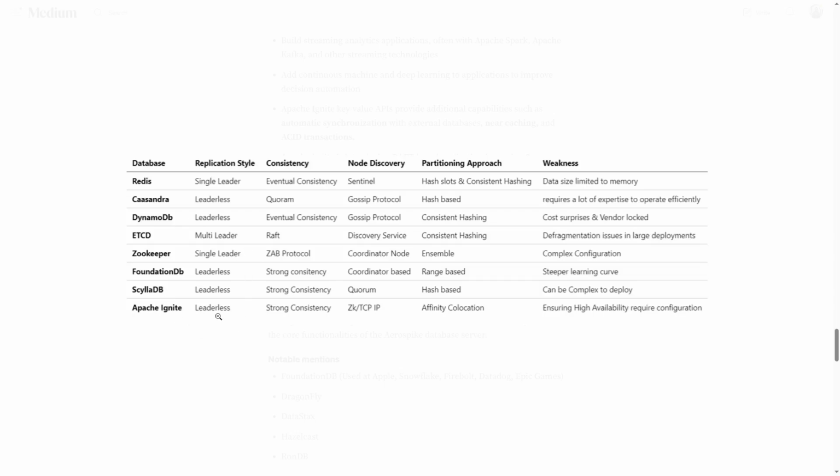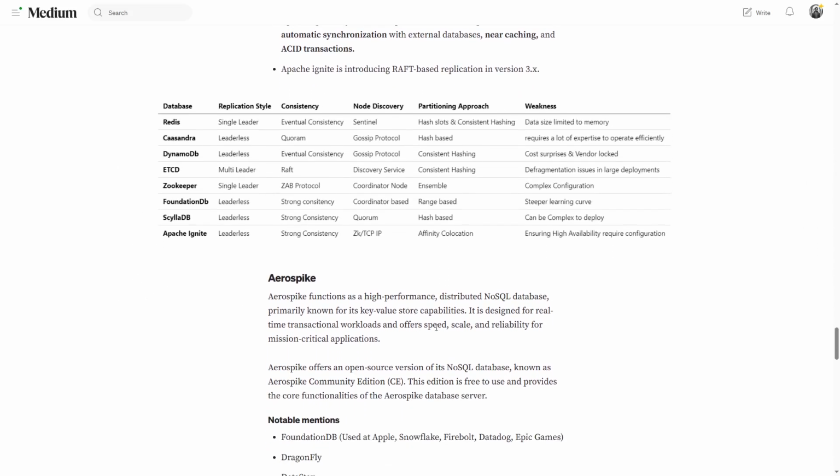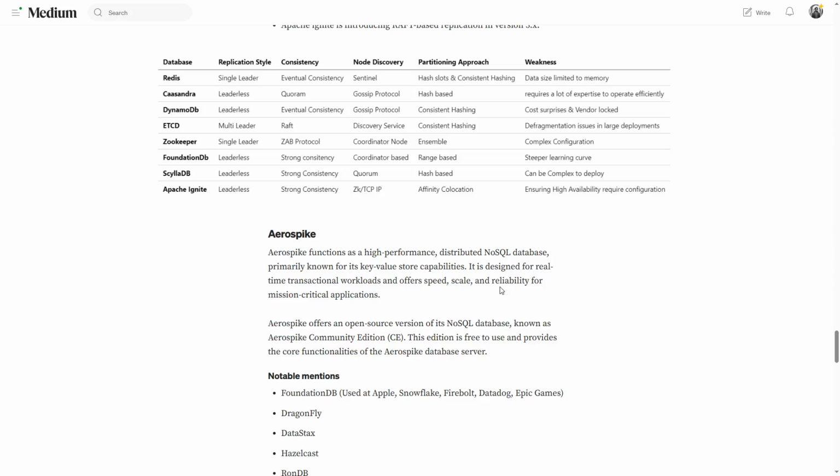ScyllaDB and Apache Ignite we have discussed, so they also have their own pros and cons. FoundationDB is being used in many places. I think Snowflake also uses FoundationDB as their key value store. It is used at Apple, Snowflake, Firebolt, Datadog, and Epic Games.